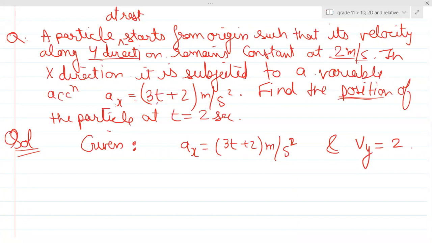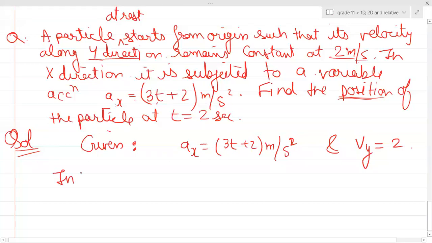We integrate it. And how do you find out the velocity from acceleration? Integrate again, right? So basically, how will you find out the position from acceleration? Integrate twice, right? Yes. So basically, let's start.